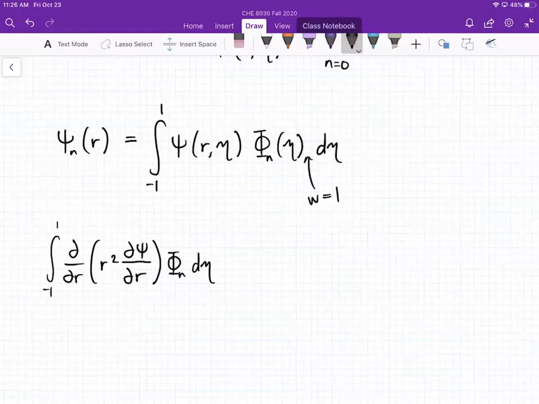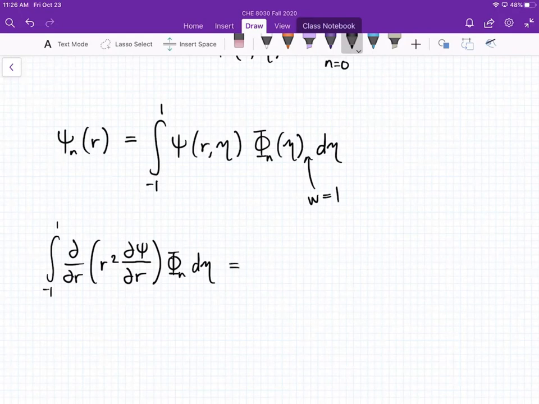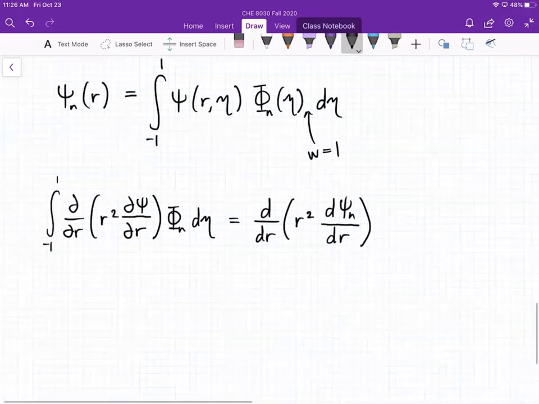I end up being left with that definition of my transformed variable. And so I simply go from a partial derivative to a full derivative, and now I have a transformed variable psi sub n.